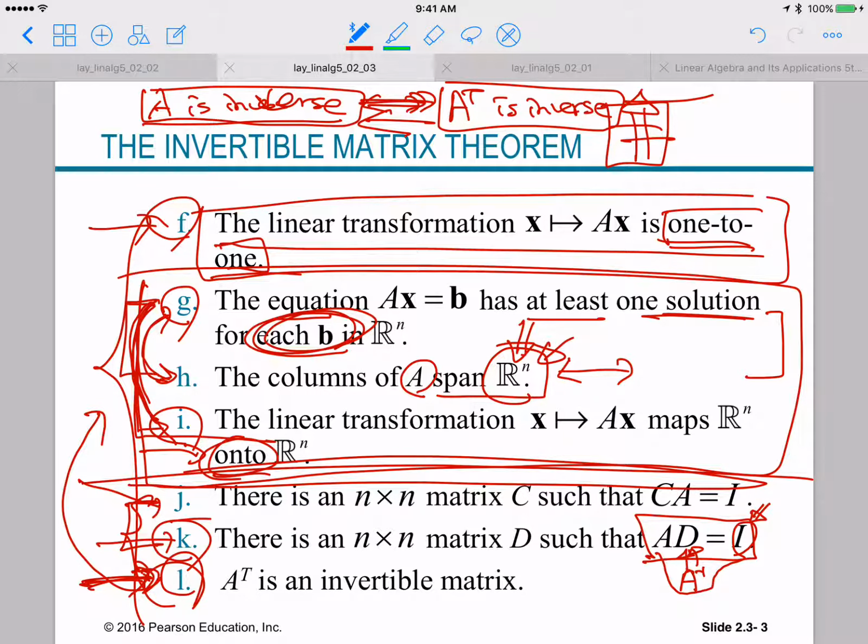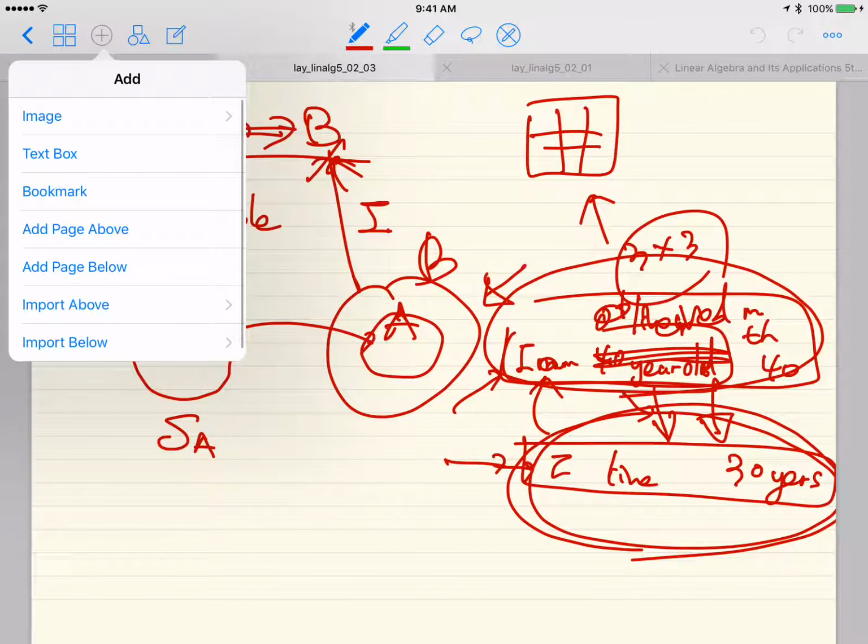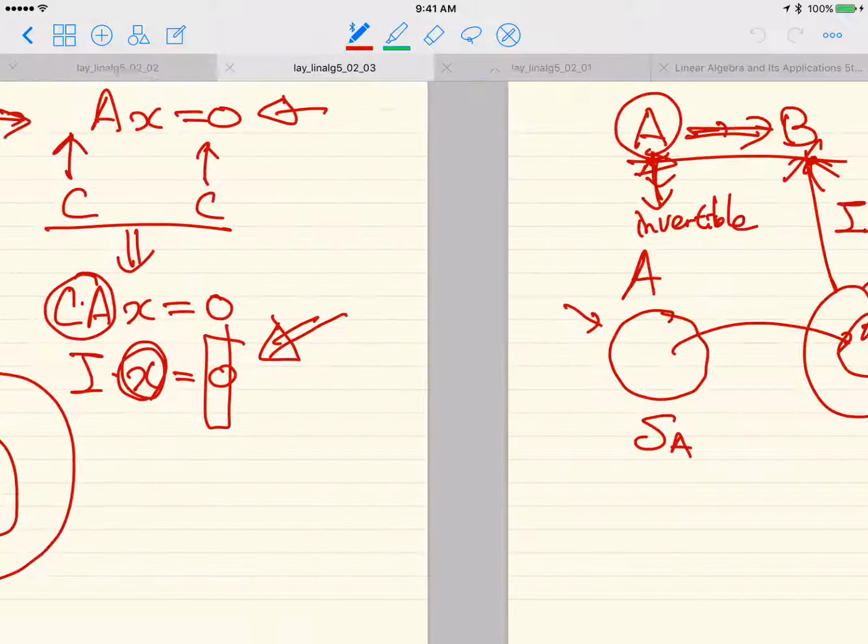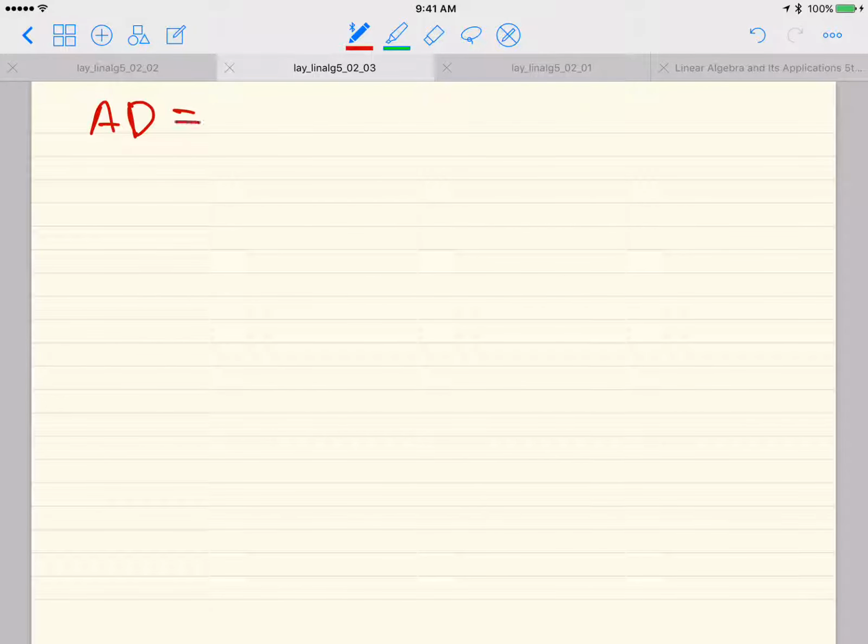Okay, and then the last item, or the third item that we want to come back to, is this one, G. So here we want to prove G starting from K. If K is true, then G is true. So that means AD is equal to identity.